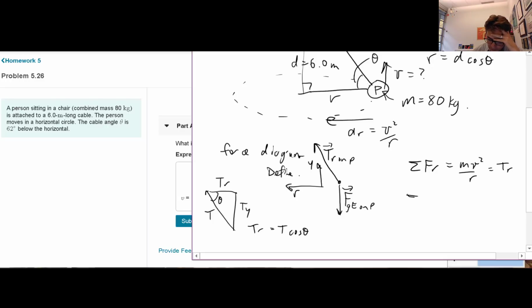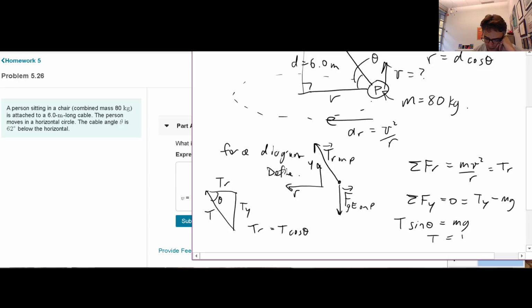So I think the other thing we need to do is to say that the forces in the y direction equal 0. There's no vertical acceleration. So that's going to be T_y minus mg. And so that'll be saying that T_y, which is T times sine theta, is equal to mg.